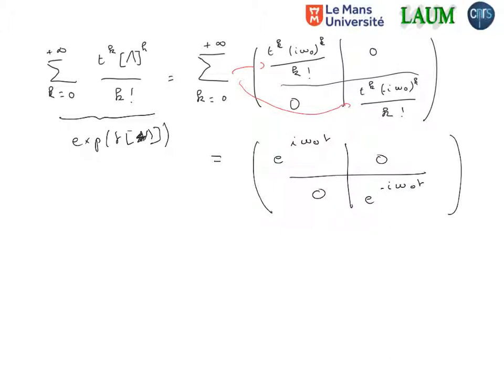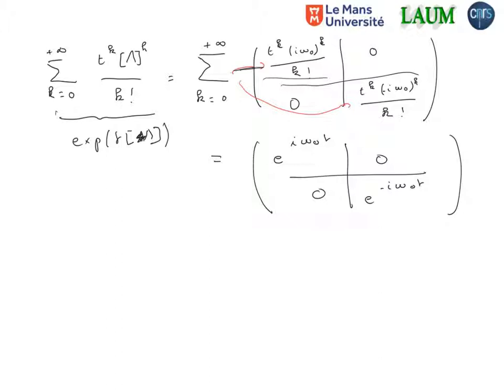So in fact this sum can be written in a very condensed form where we see the exponential function appearing here. The difference between this and this is that this sum here is the sum of scalar numbers, so the definition of the exponential function for scalars.